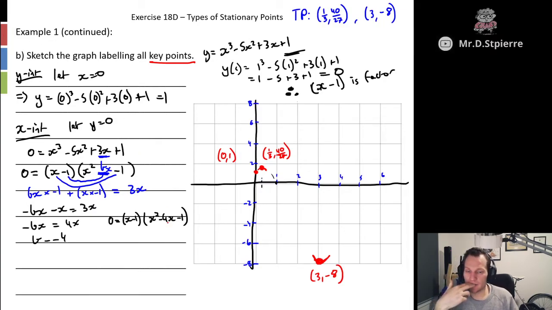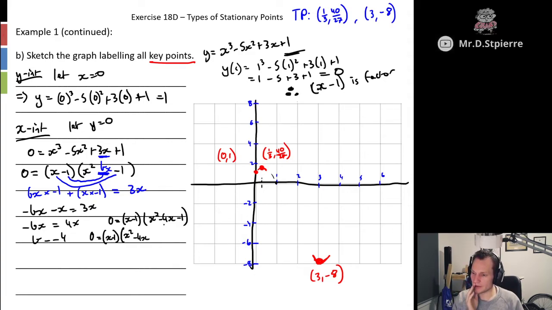We're going to have to complete the square for that x squared minus 4x minus 1. So this question is drawing on a lot, and I mean a lot, of prior skills and knowledge. So we could write this as 0 is equal to x minus 1 bracket x squared minus 4x. So we look at our middle term, our negative 4x.